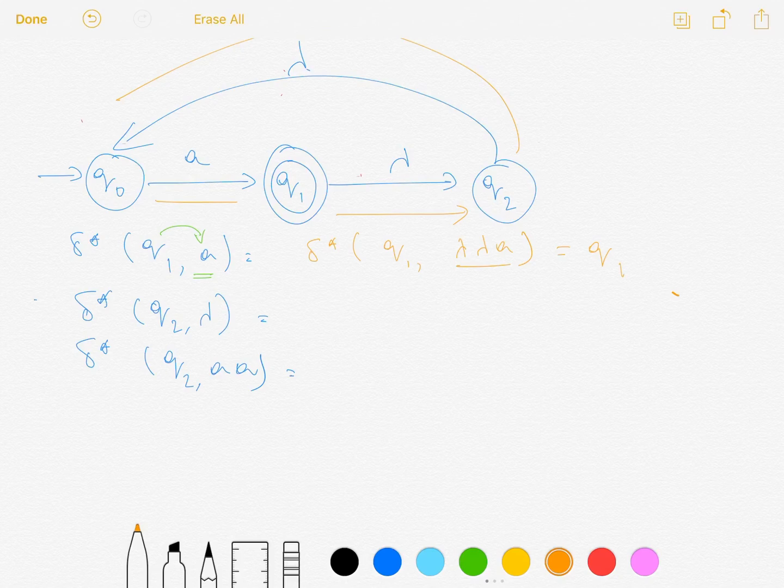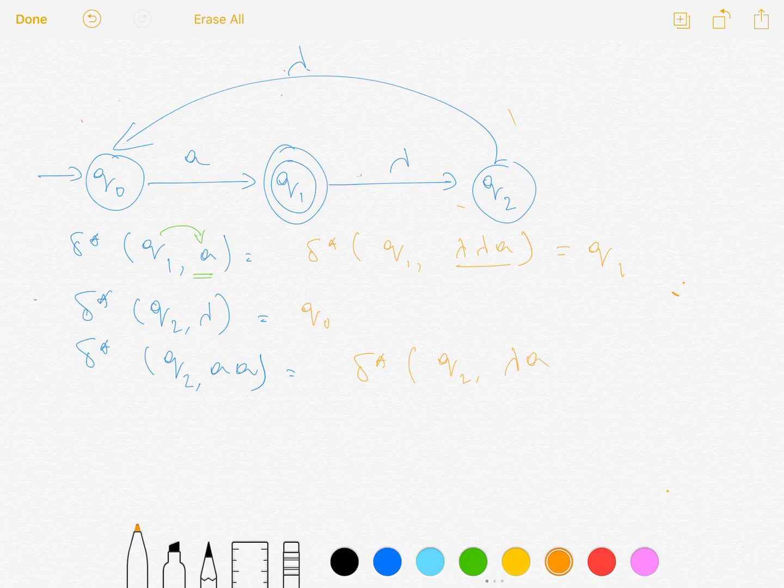Similarly, for Q2 lambda, we have a direct transition to Q0, right. Now, what happens to delta star Q2 A? In Q2 also we do not have a direct transition path for A, but if we put a lambda before A, we can write Q2 lambda A, and in that case it will come to Q1.